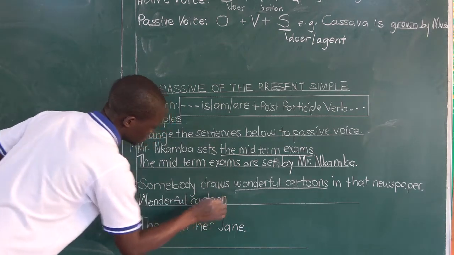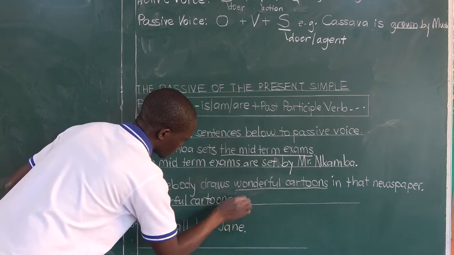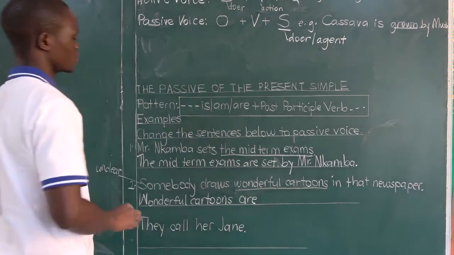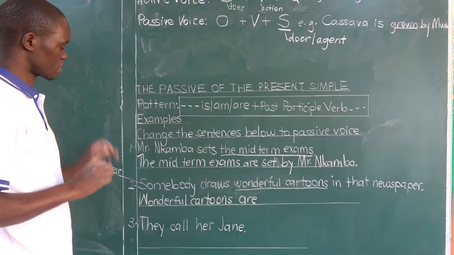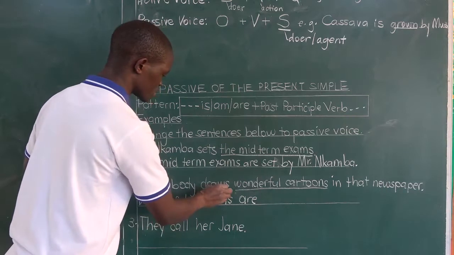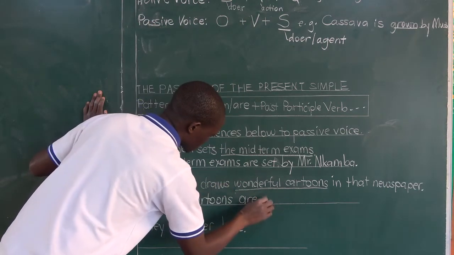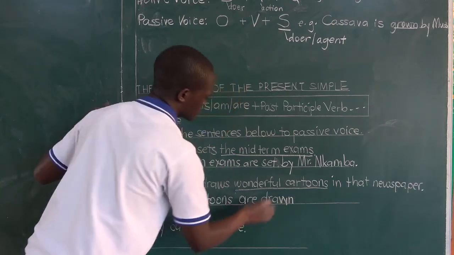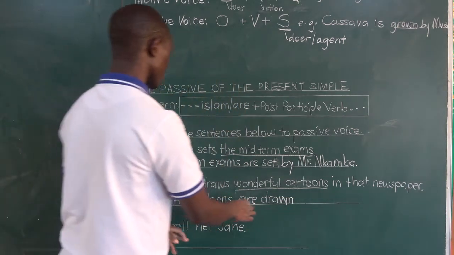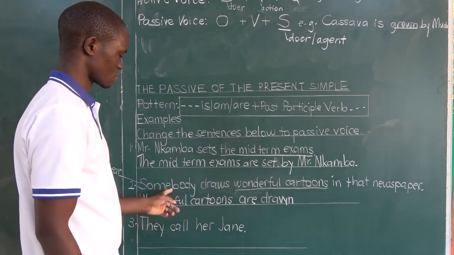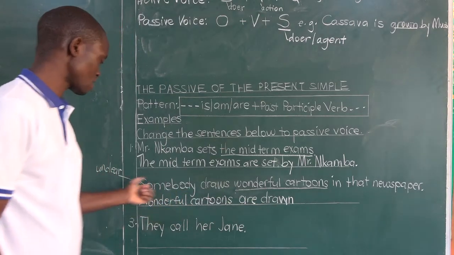Since there are many, we are going to use the helping verb are. After the helping verb, we talk of the main verb, which must be in past participle form. Draws, changed to past participle, will become D-R-A-W-N. Wonderful cartoons are drawn. Should we say by somebody? The teacher has said not that. Why? Somebody is an unclear subject.